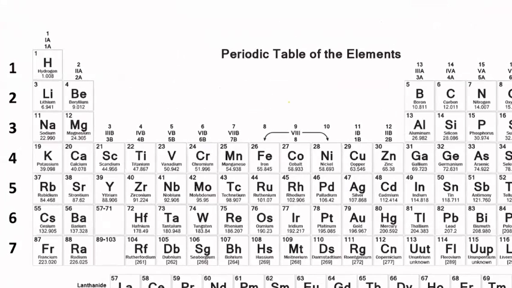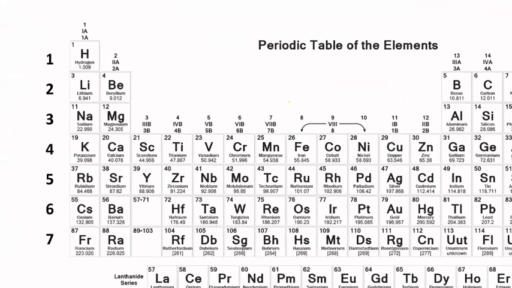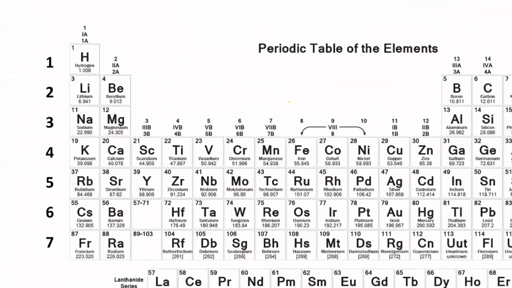So you can see that this is a periodic table that I'm providing to you guys. This periodic table has all of the information that I just mentioned. You can see the periods here in 1 through 7. Let me use my highlighter tool.